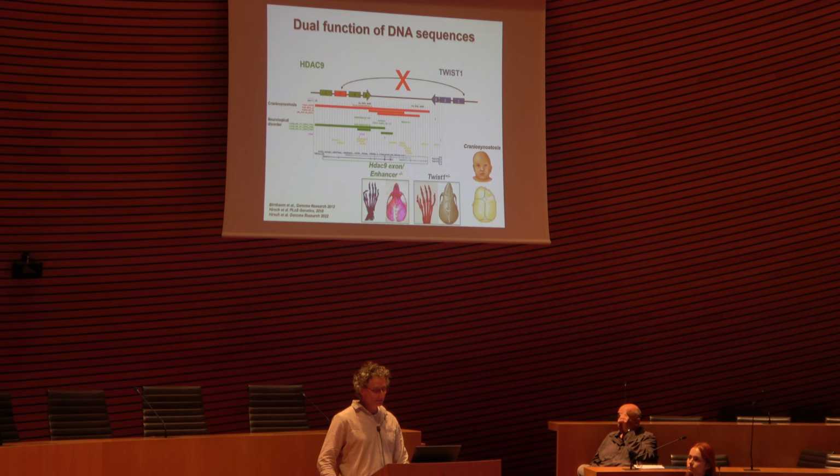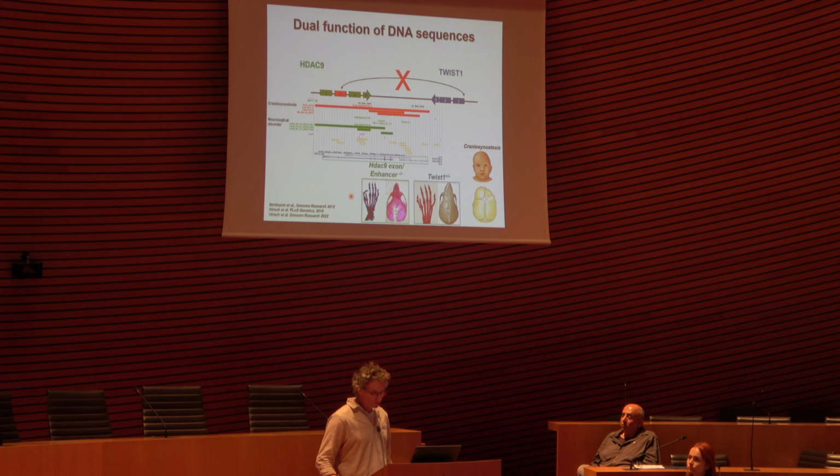And what you can see here is that when we knock out one of the enhancers that control twist1, which also functions as an HDAC9 exon, it leads to a similar craniosynostosis-like phenotype and polydactyly.